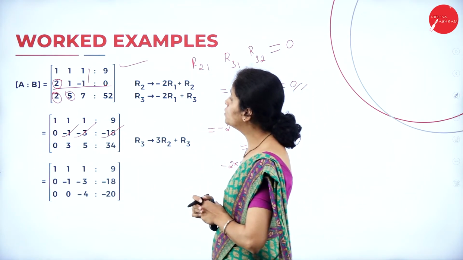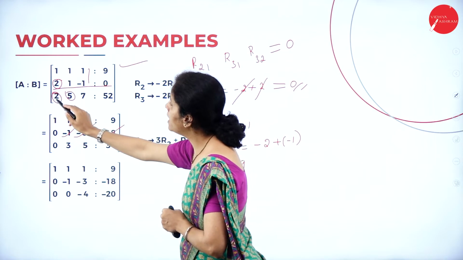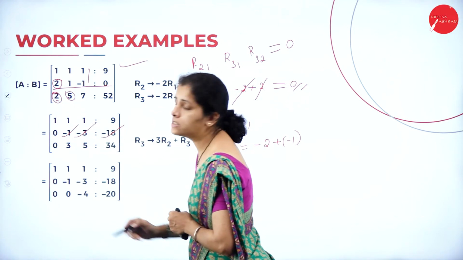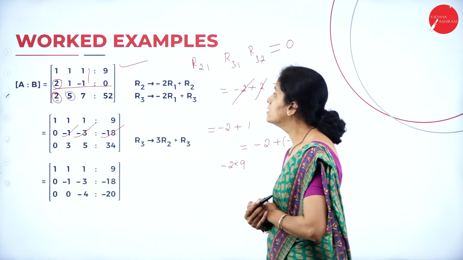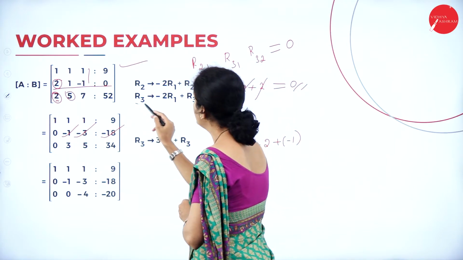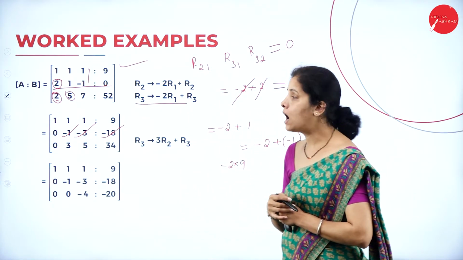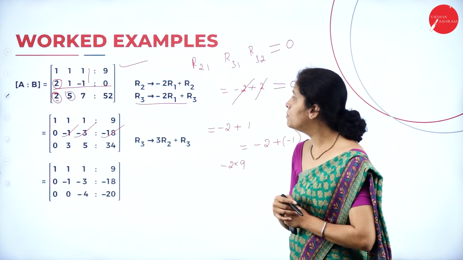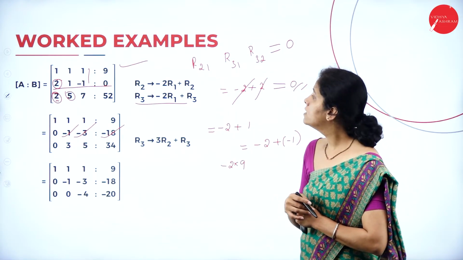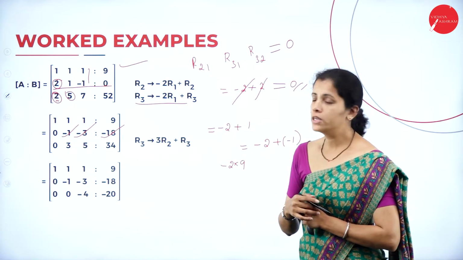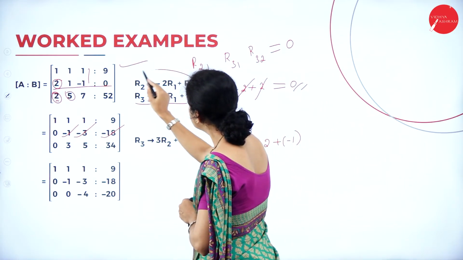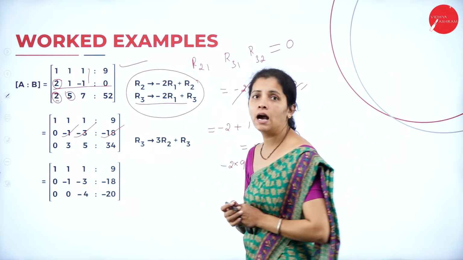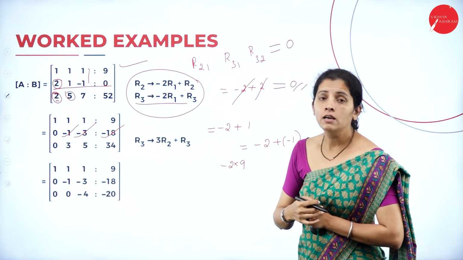Now what do I want to do? I want to make my third row's first element 0. To make that, I have the formula, that is R3 equal to minus 2R1 plus R3. So dear student, the construction of this formula is purely left to you.